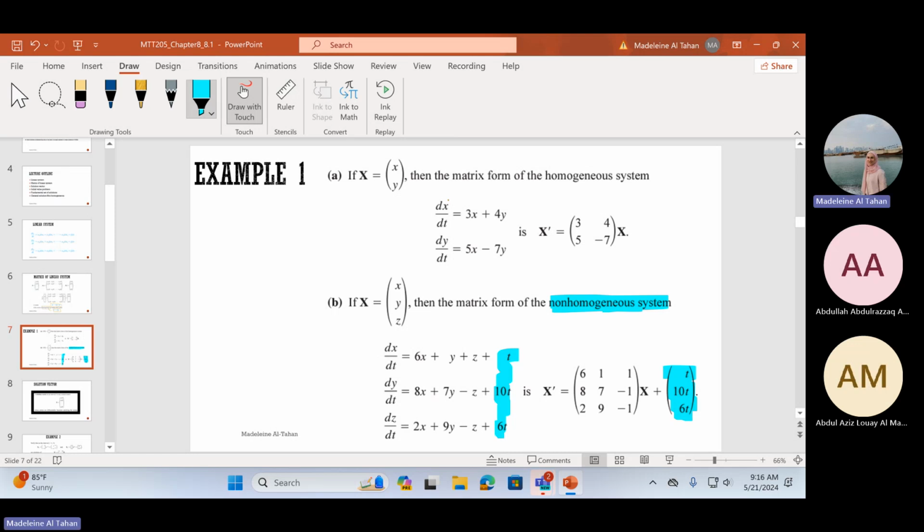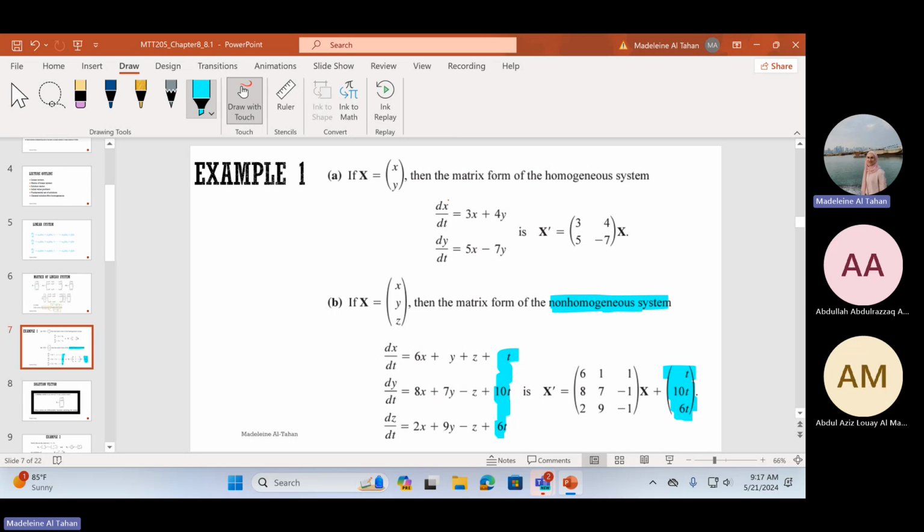So now we know the shape of the homogeneous and non-homogeneous linear system.